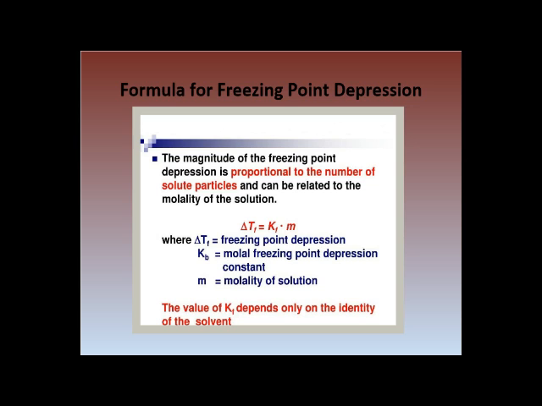So from this formula we can calculate the molecular mass of the solute. So we should concentrate on the derivation for the determination of molecular mass of the solute, and go through numericals also.